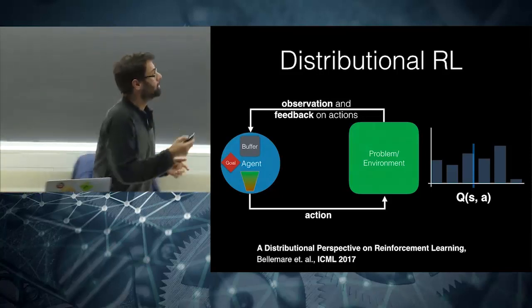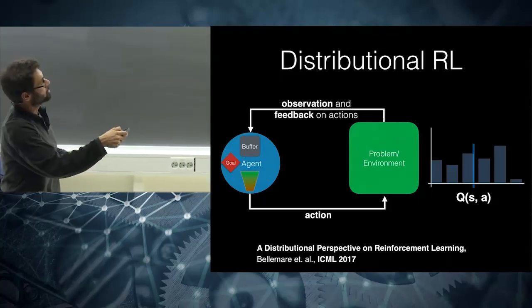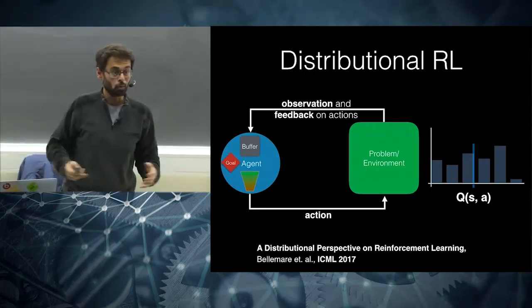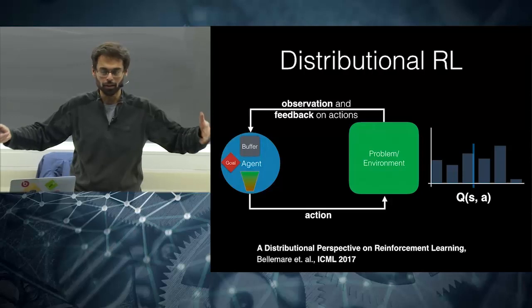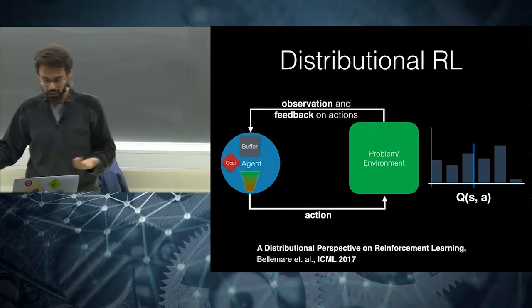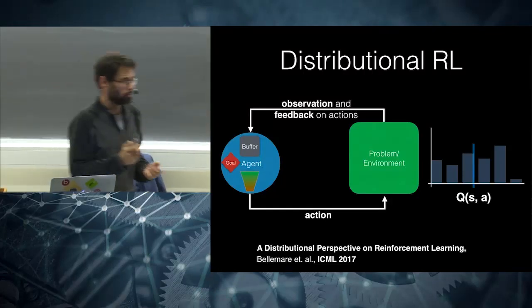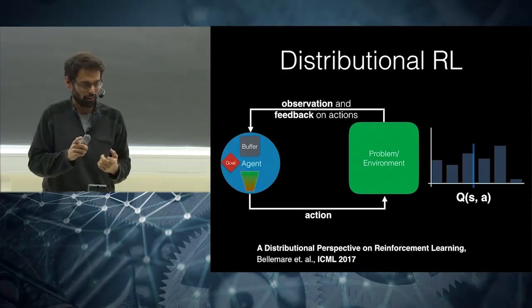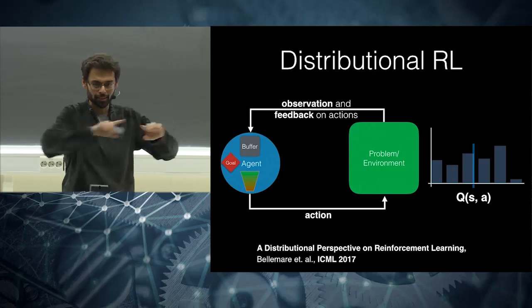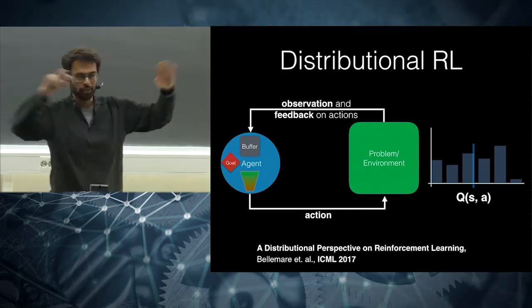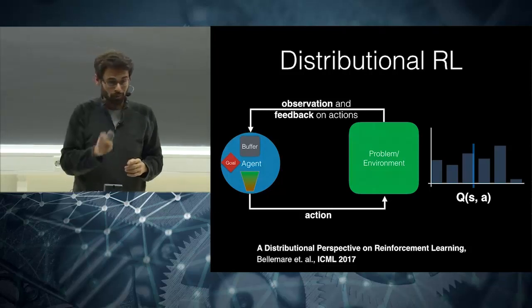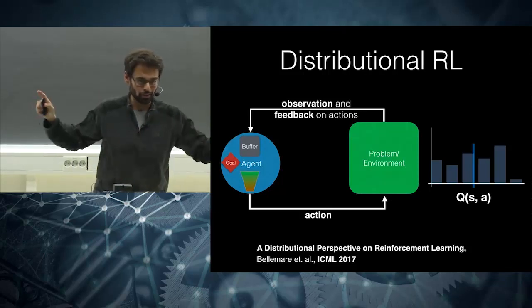Well, another thing is that if you're modeling distributions, you are not just modeling spread of returns, you can also model how their modality could be multimodal. But one thing I should also highlight is that the spread or the uncertainty in the returns that we are modeling here is not the parametric or statistical uncertainty.